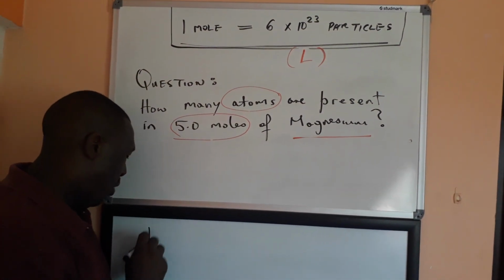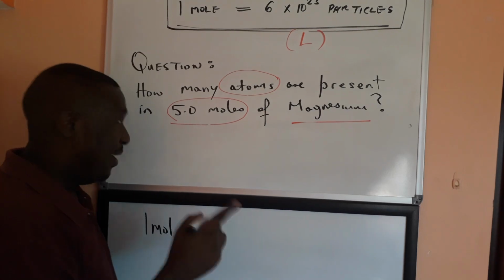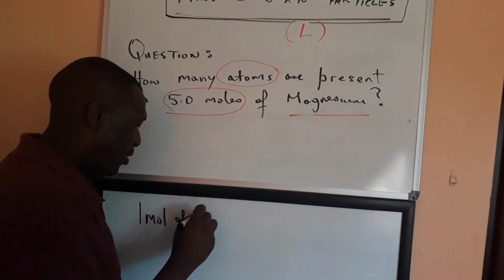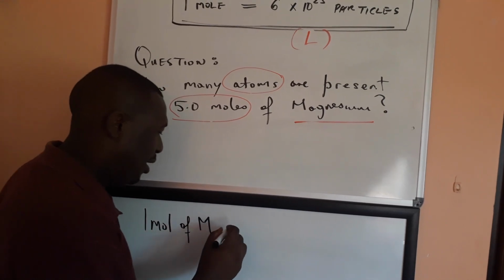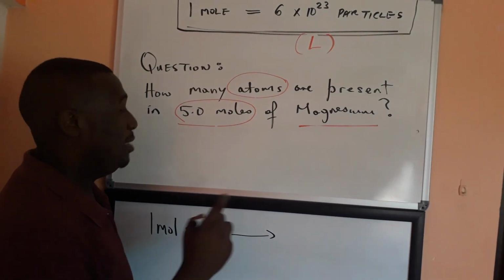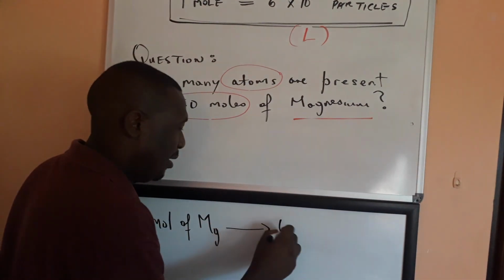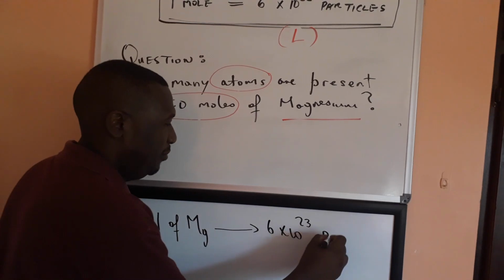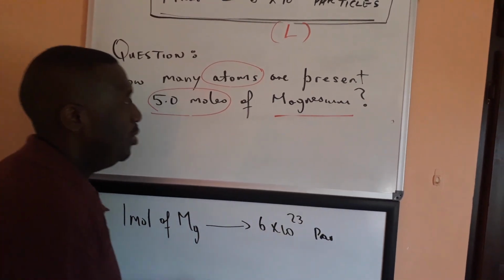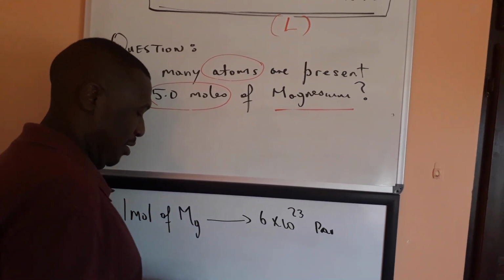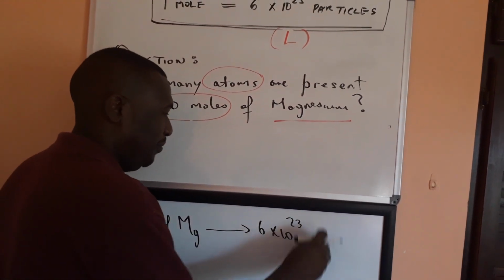We know that 1 mole of any substance, and in this case we're talking about magnesium, 1 mole of Mg contains that number of particles, 6 times 10 to the 23 particles. Now, in this case, the particle is atoms. So, let's put that.